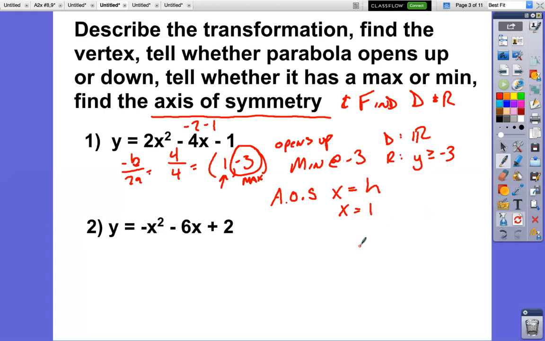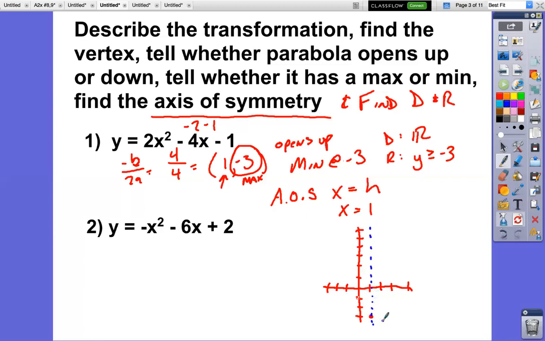In fact, we can go ahead and graph it now. So if I've got 1, negative 3, here's my axis of symmetry. It's X equals that H value, right?